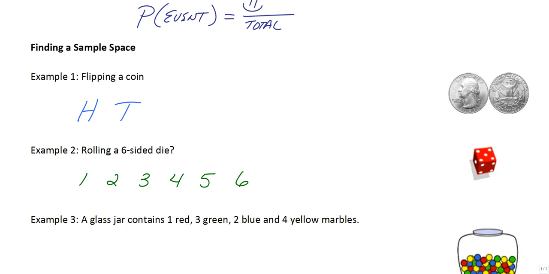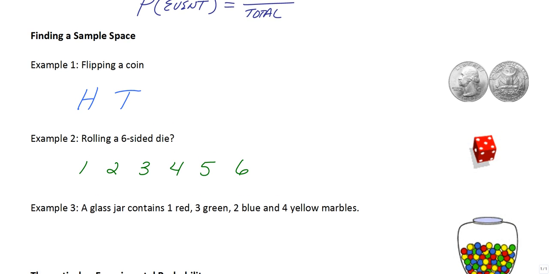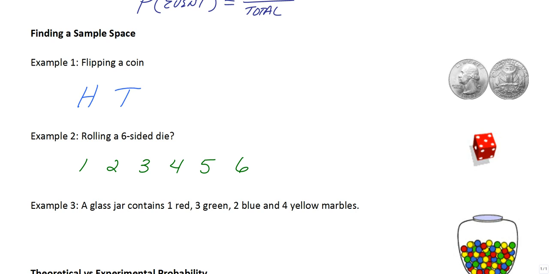And then our last example, we have a glass jar containing 1 red, 3 green, 2 blue, and 4 yellow marbles. That is our sample space.